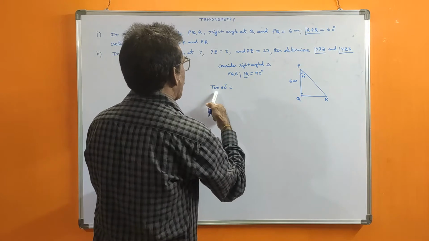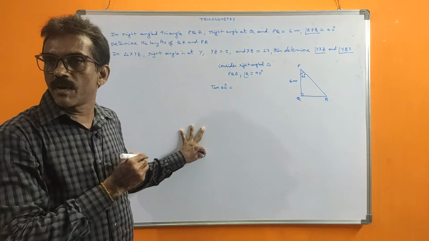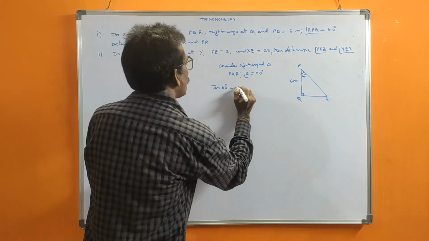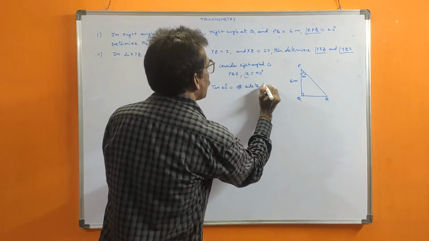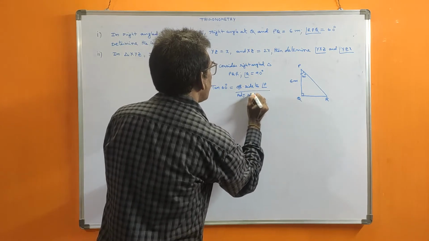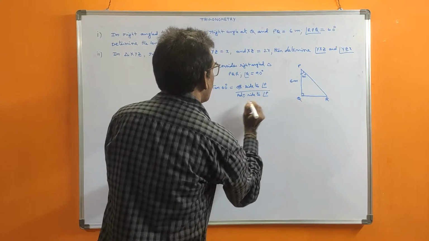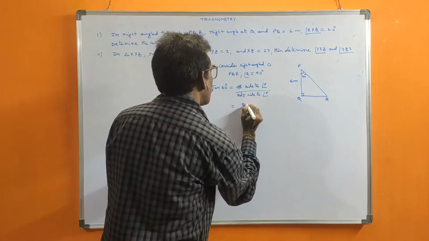Now, write the formula for tan. What is the formula for tan? Opposite side by adjacent side, you know that. So, opposite side to angle P by adjacent side to angle P. Now write, opposite side to P is what? QR.